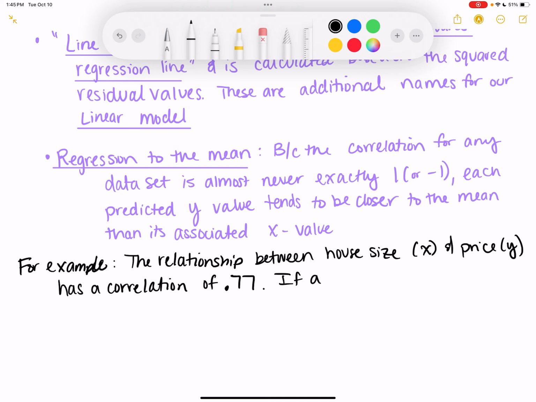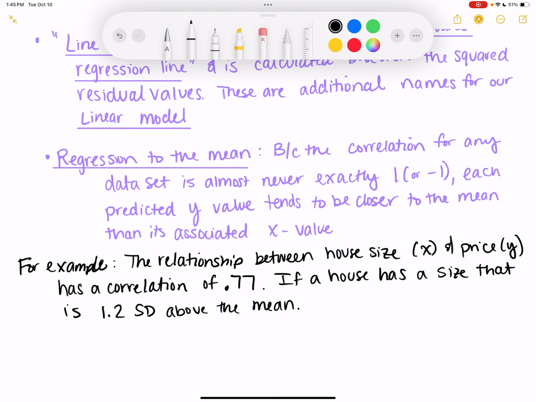If a house has a size that is 1.2 standard deviations above the mean, what do you expect to be true of its price?